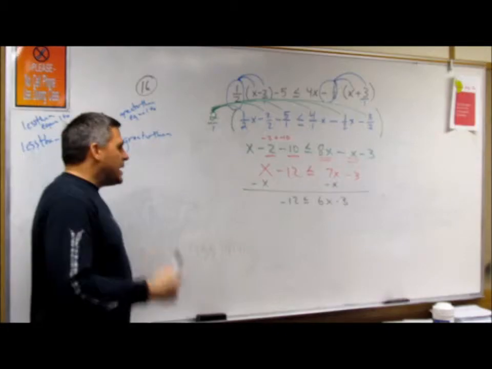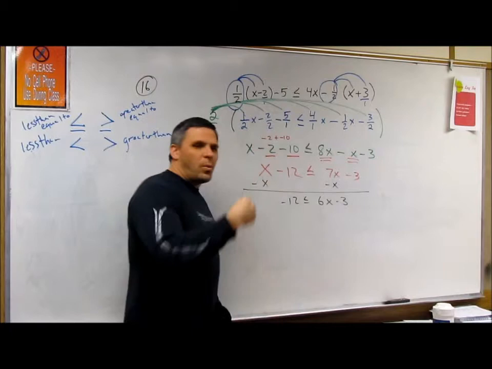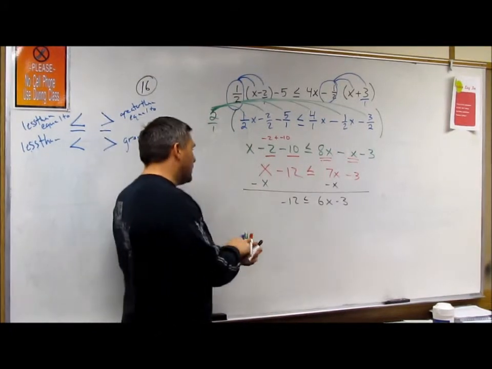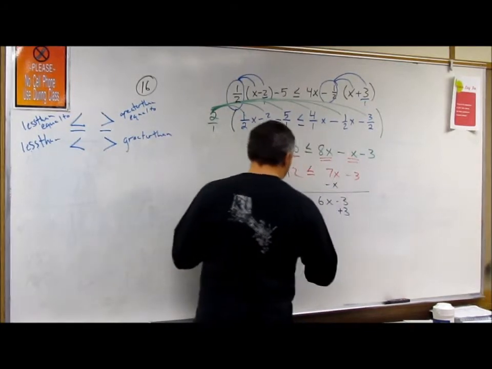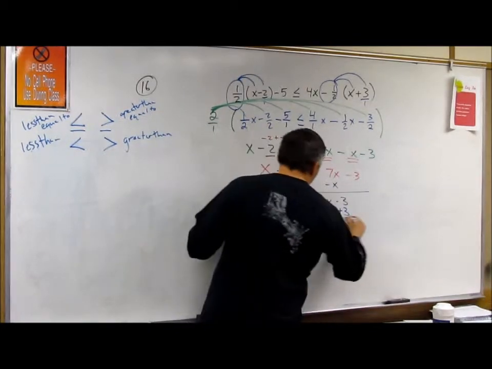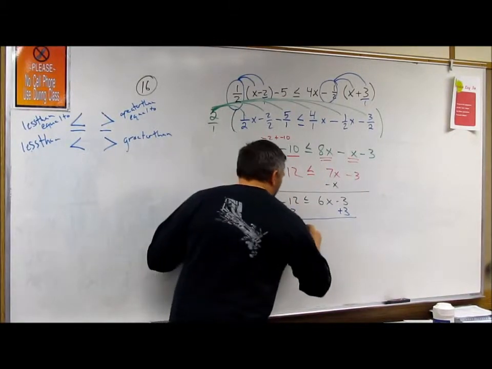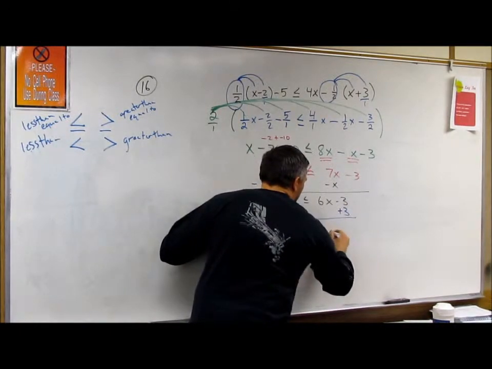Okay, now I'm going to move this 3 away from the x. So I add the opposite, right? What's the opposite of negative 3? Positive 3. Alright? So I have negative 9 is less than or equal to 6x.